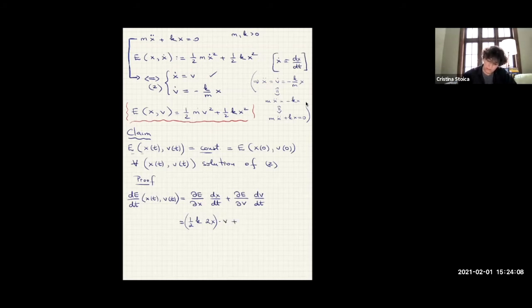Plus dE dv, which is 1 over 2m times 2v, times dv dt, which is minus k over m x. So there you go, this is kxv minus kxv. So it's 0. Ta-da!